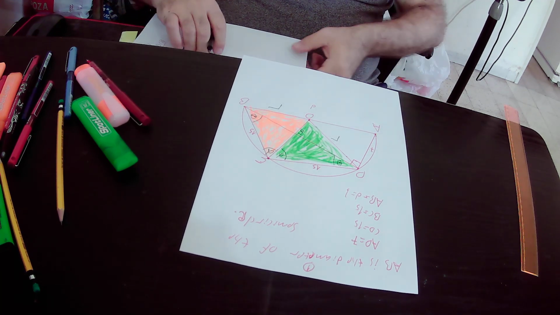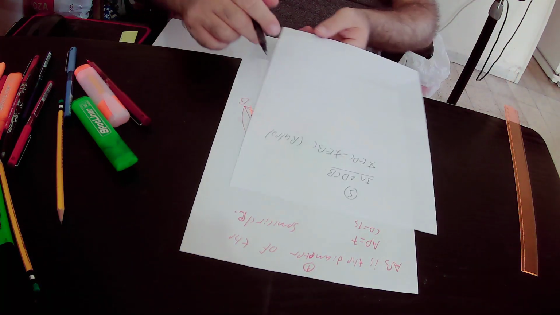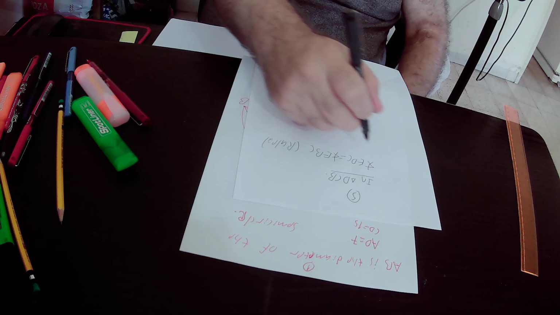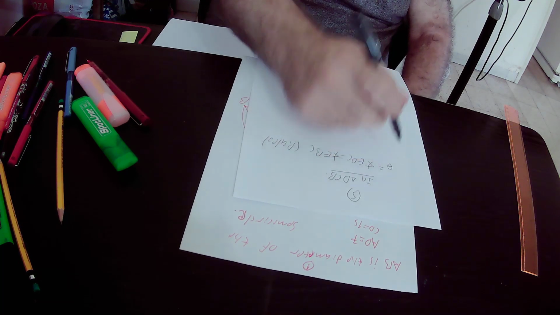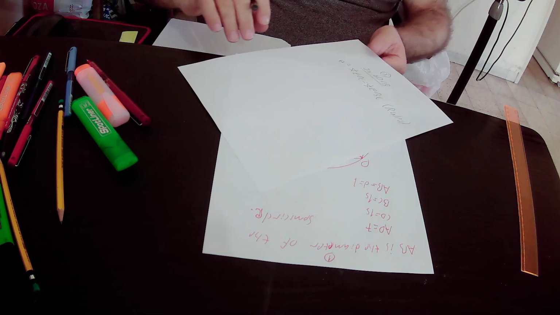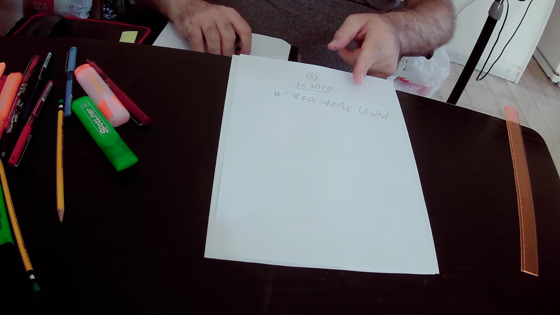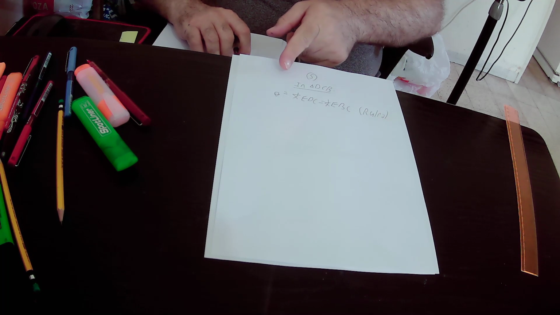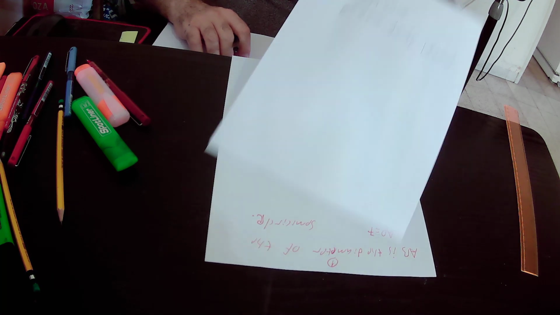So those two angles are both equal to theta. Angle EDC equals angle EBC, and both are equal to theta according to our definition.